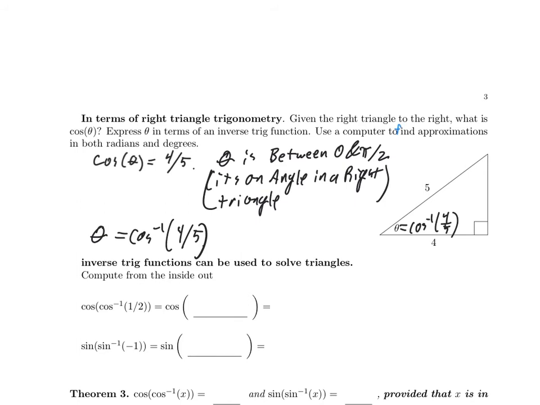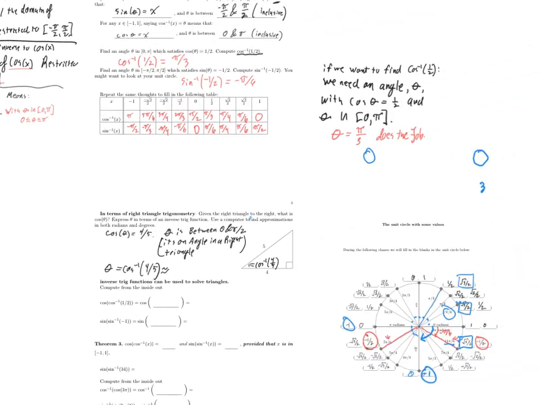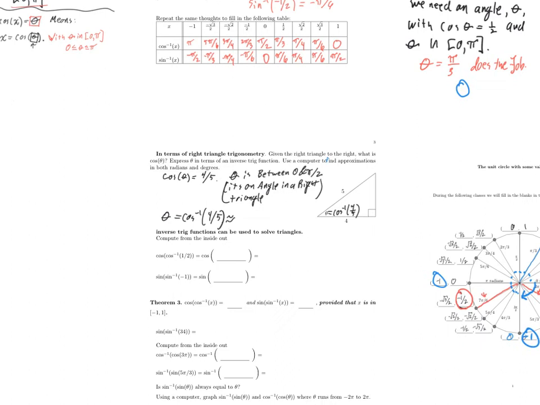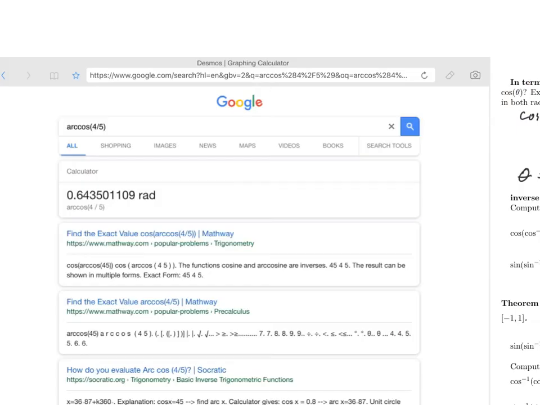So let's actually figure out how big that number is. Let's find decimal approximations. So again, I'll have a computer help me with this computation. I'm going to pause for a moment and come back with that computation. Okay, we are back.